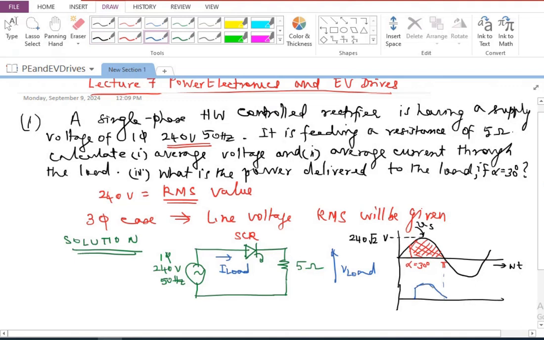This is going to be Vs divided by R, and it will only start from alpha and go until pi. So this is I load, and this is V load.